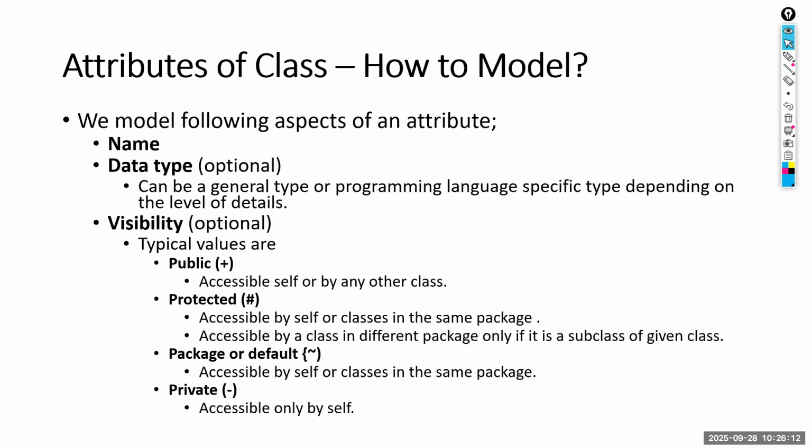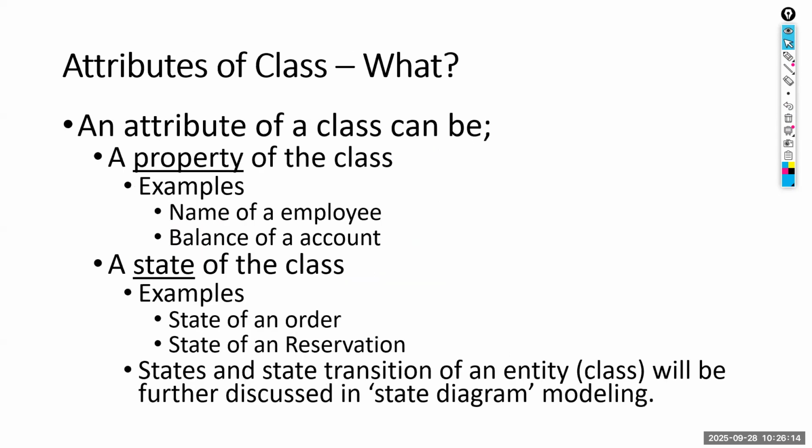Okay. And when it comes to class, make sure it's a noun, like order, payment, customer, right? Savings account. At the same time, be specific also. And it must be singular. Don't say customers, just customer.